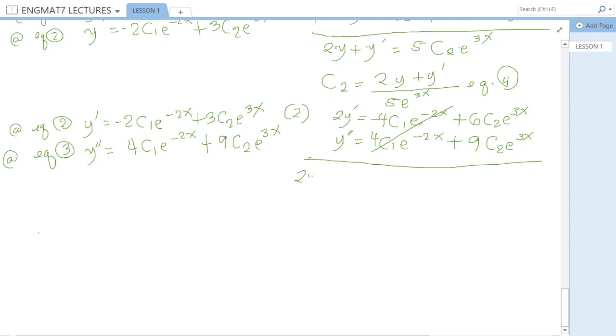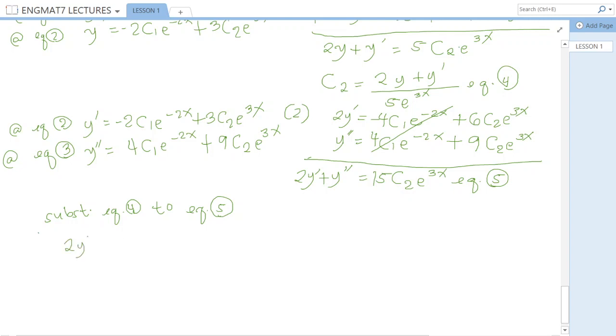So that is 2y prime plus y double prime is equal to 9 plus 6, that is 15c2 e raised to 3x. That is our equation number 5. Substituting equation 4 into equation number 5, let us substitute the value of c2 there.